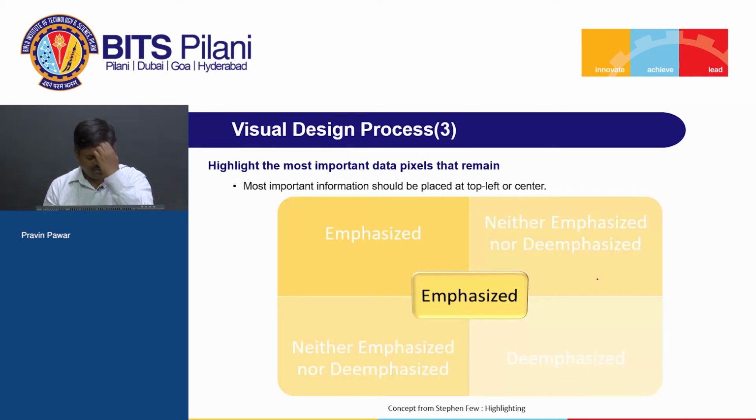In some scenarios, they will be attracted to the center, provided that the central element has some decoration, borders or emphasis. But the very prominent and critical part of your dashboard design is the top left corner.